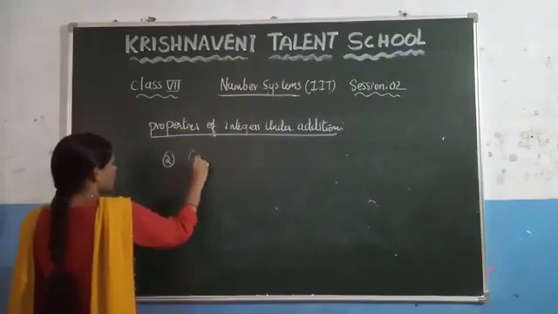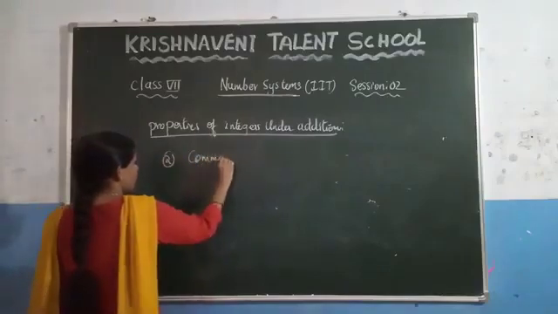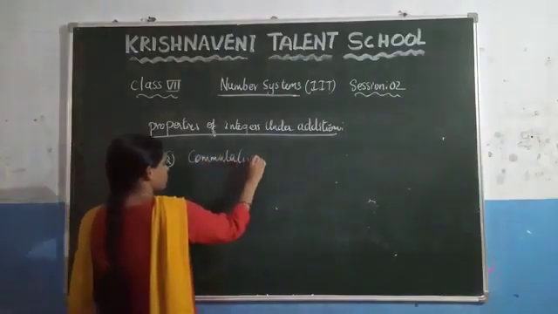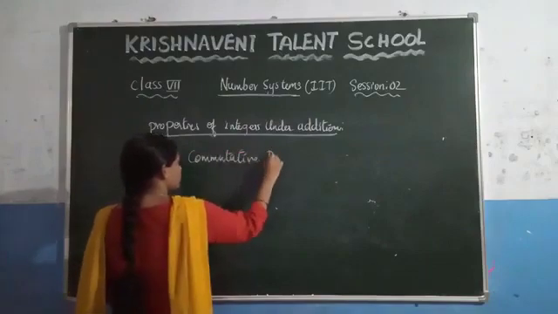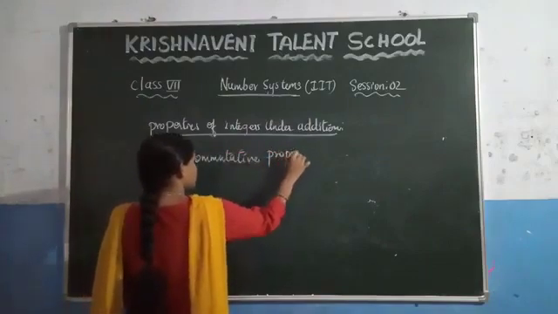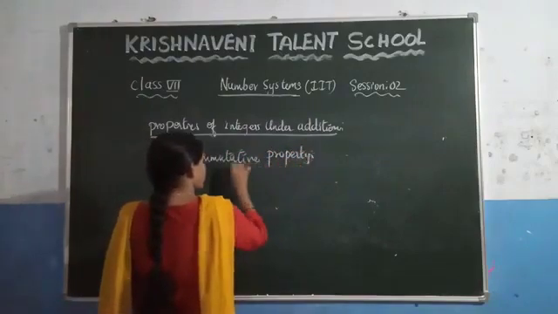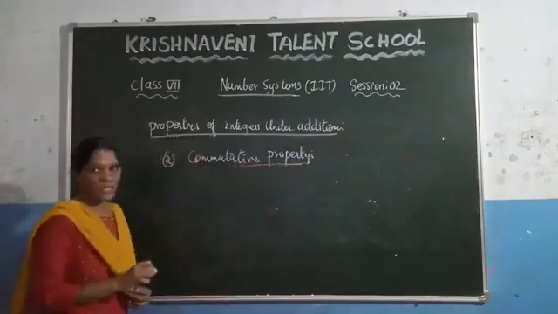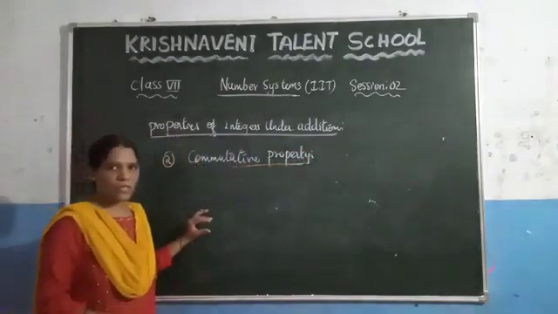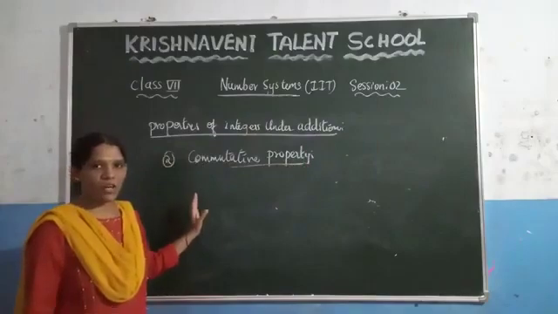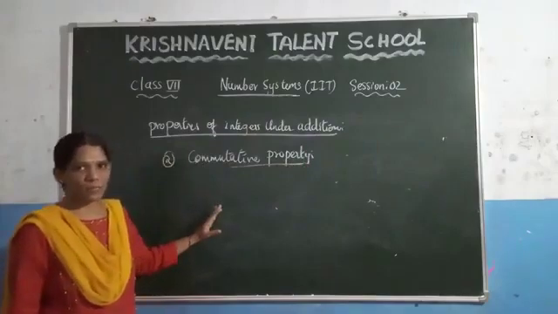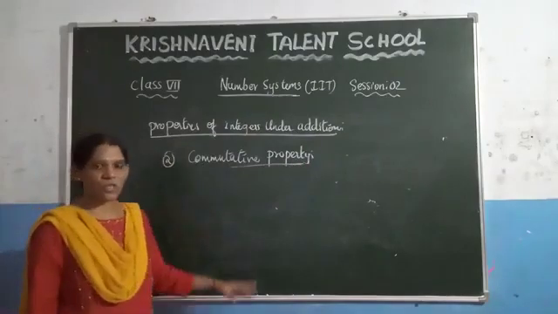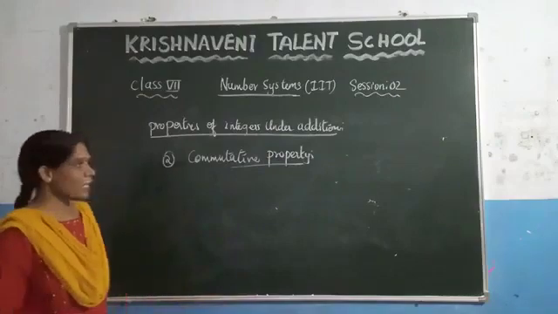The second property, which is the commutative property. What the commutative property says here: consider two numbers, and if you change the order, you have to get the same result. Then we can say that the commutative property holds good under addition of integers.